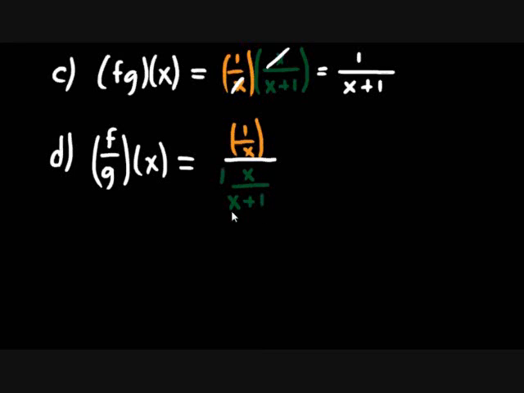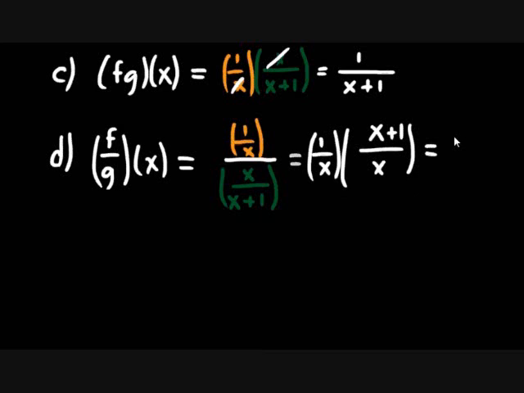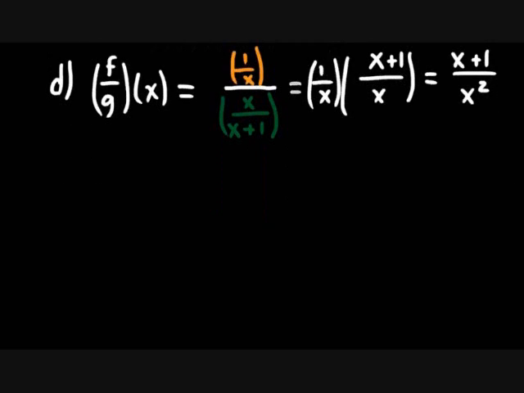So that's what we're going to do. We'll write that as 1 over x times x plus 1 over x. And then we're just going to multiply straight across because they're fractions. And we get x plus 1 in the numerator, and on the bottom we have x times x, which is just x squared. So our final answer is x plus 1 over x squared.